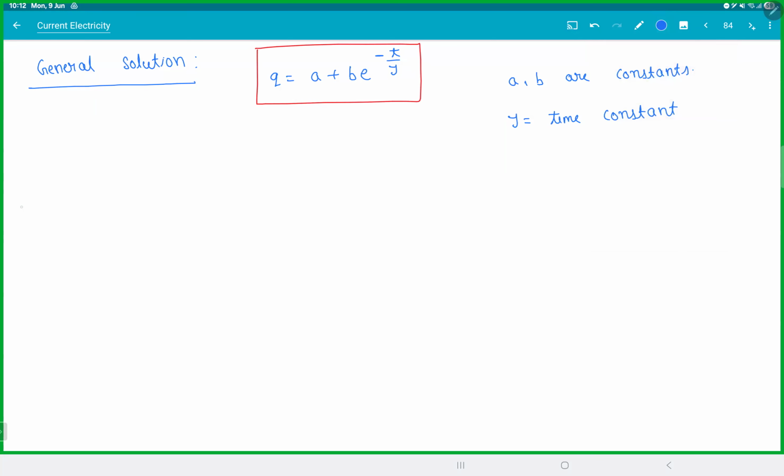So step one, finding the time constant. Look at this equation. If I can find the value of A, B, and tau, my job is done, isn't it? Step one, finding time constant. What we do here: if there are a lot of batteries, replace all the batteries with wires.